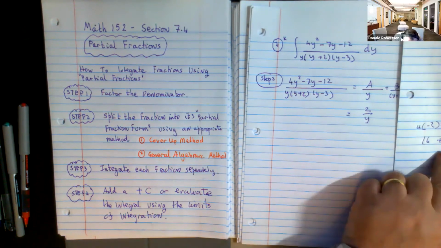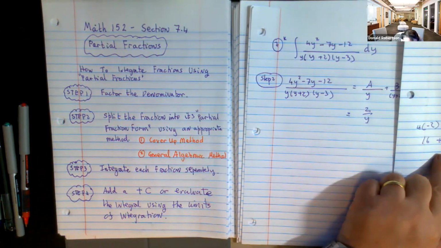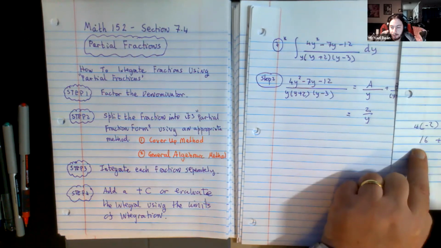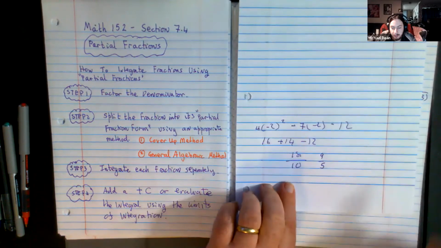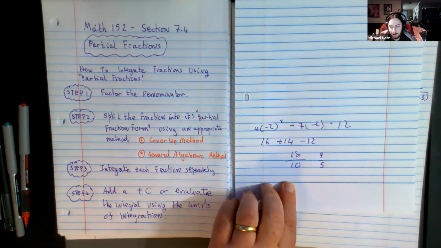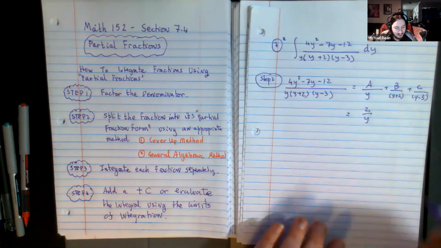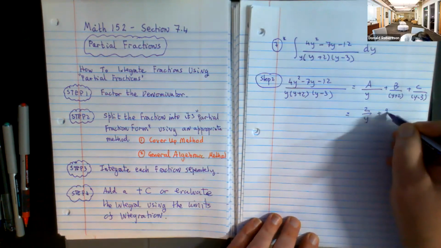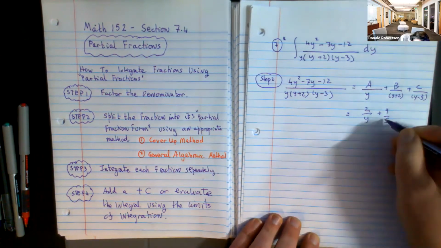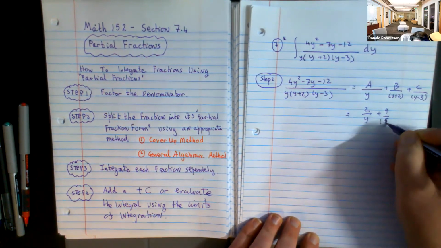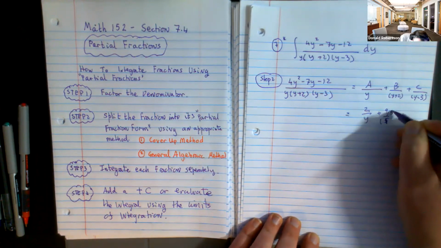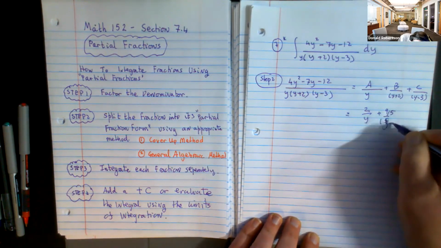So do you get 16 here? Oh, I can't see your paper. It's not over far enough. That's the reason why I couldn't see it. 16, not a problem. 9/5. Y plus 2 is still in the bottom.